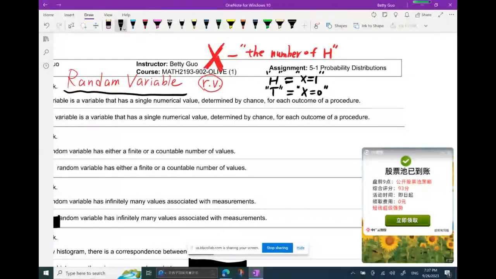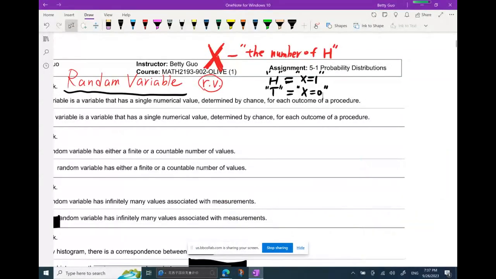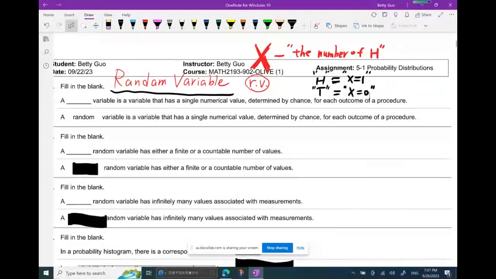And let me know, does that make any sense? Or you can also read the formal definition here. My explanation hopefully helps you understand the concept. A random variable is a variable that has a single numerical value, has to assume a specific numerical value, determined by chance for each outcome of a procedure.